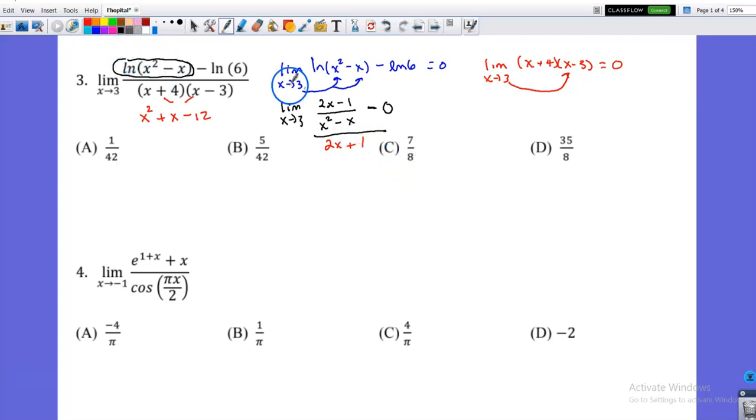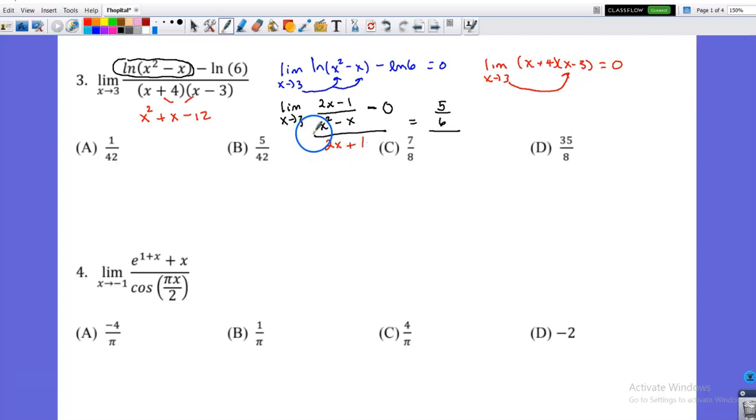So now I'm going to substitute 3 in what I have left over. If I substitute 3 here in this fraction, 2 times 3 is 6, minus 1 is 5. Substituting 3 down here, 3 squared is 9, 9 take away 3 is 6. So I have 5 over 6 in the top.